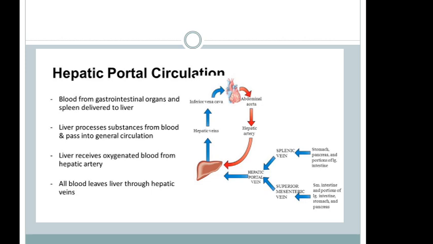This central vein joins and forms the hepatic vein, and through the hepatic vein it enters the inferior vena cava and then the heart. So this is the blood supply, or circulatory system, of the liver. Okay, is it clear to everyone?